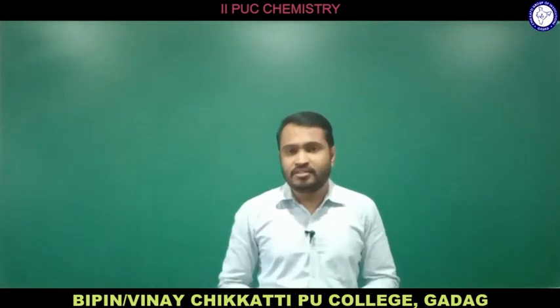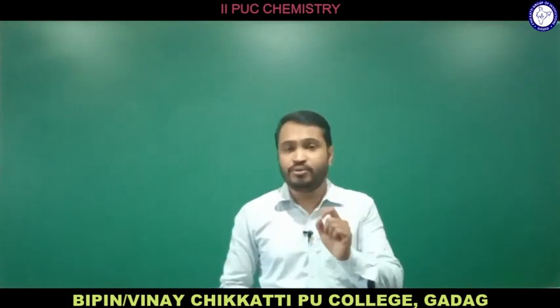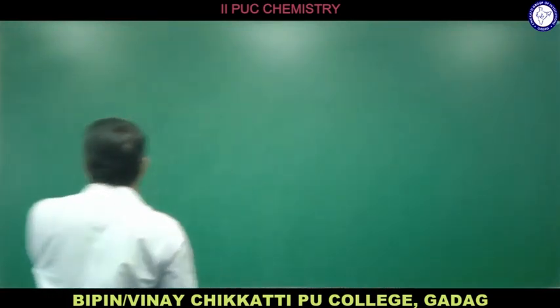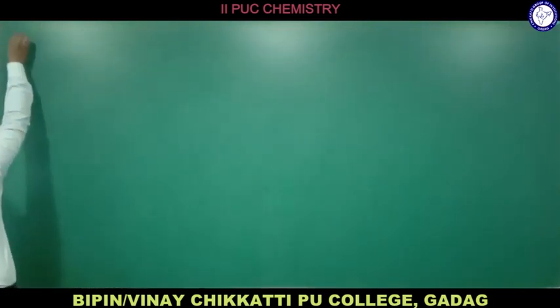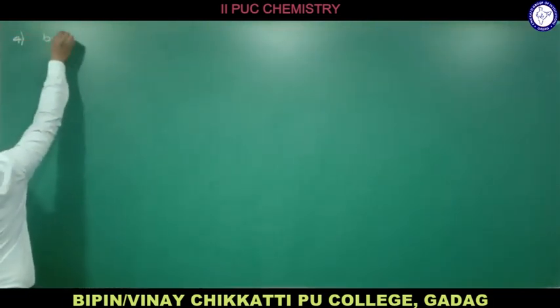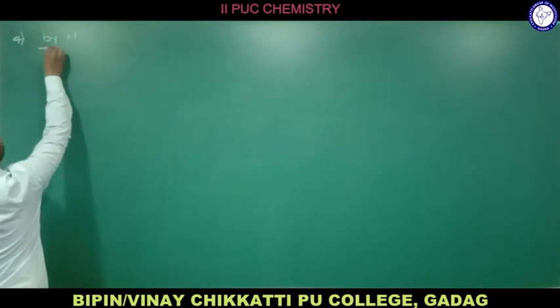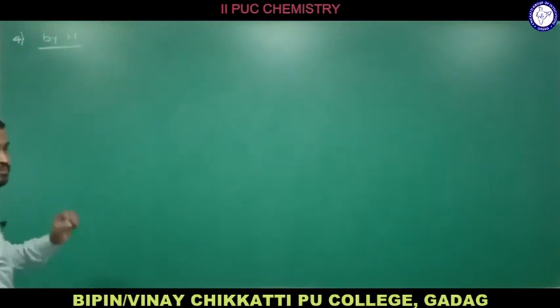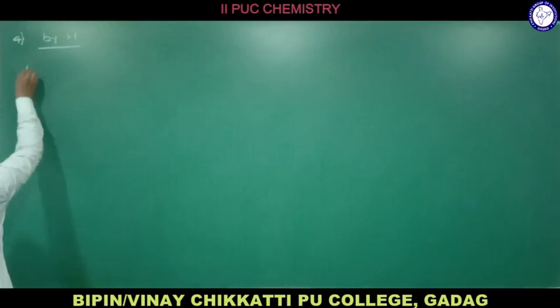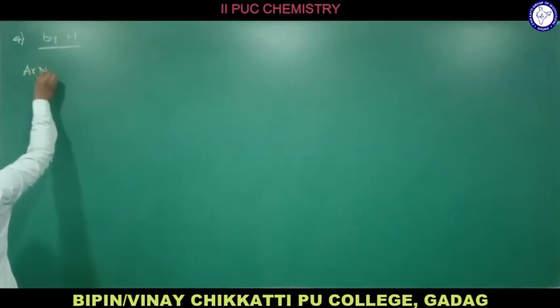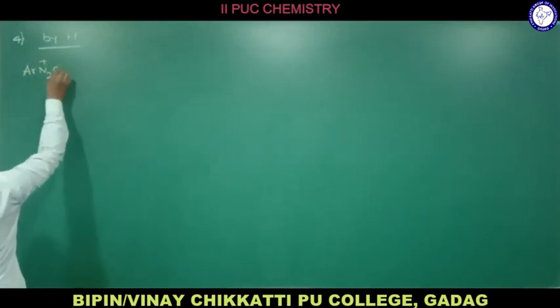Fourth reaction, displacement of nitrogen by hydrogen. Fourth one, I am going to talk about how the nitrogen of the diazonium salt can be replaced by hydrogen. Let me write here arene diazonium chloride.